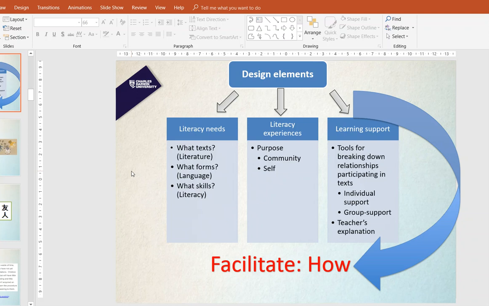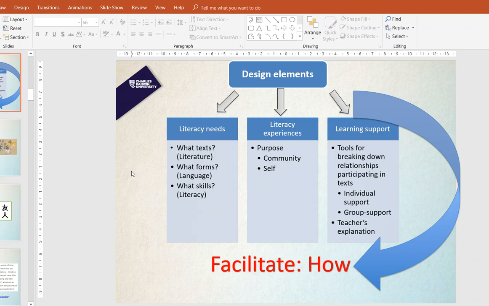But the more the merrier, because the more it gets activated, the more opportunities students have to turn things around in their head and explore what they understand.